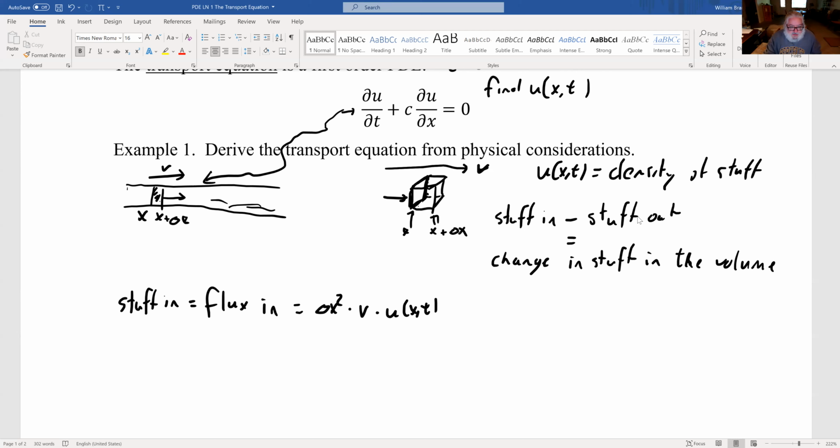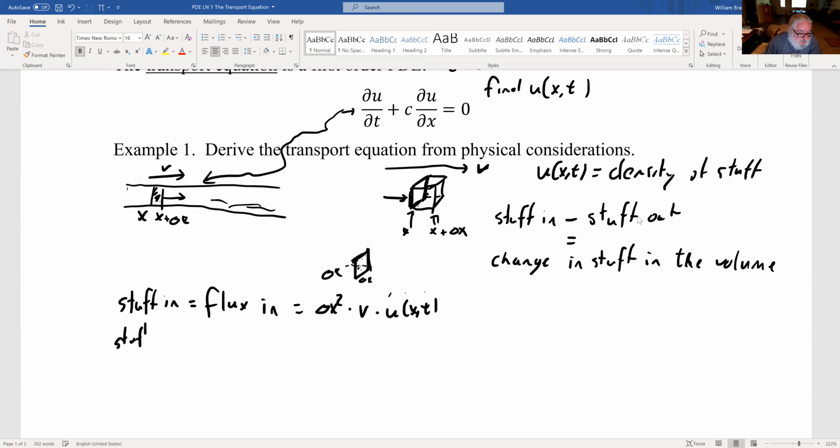I've got a face of this box. It measures delta x by delta x. u of x, t is the density at each point inside there, and v is the velocity, right? So the density here, as it flows through, brings stuff in. And so the density times the velocity times delta x squared gives you the stuff in.